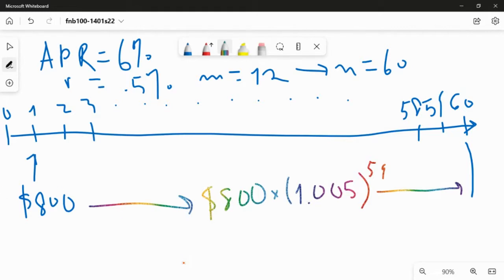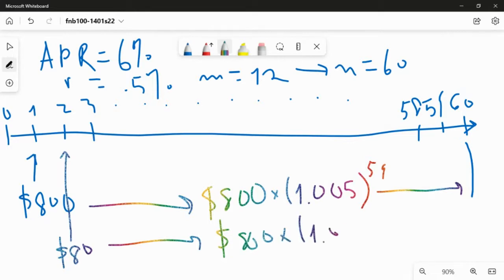And then the second deposit of 800, by the end of our timeline, what's it going to be? It's going to be 800 times 1.005 raised to 58.